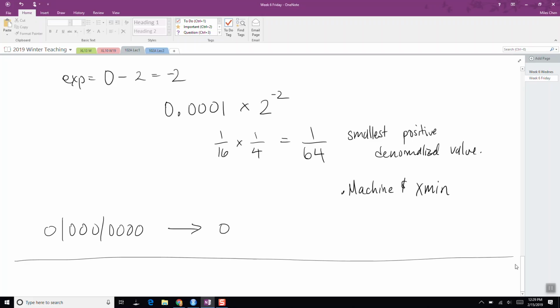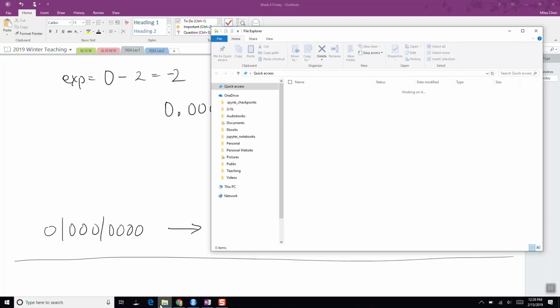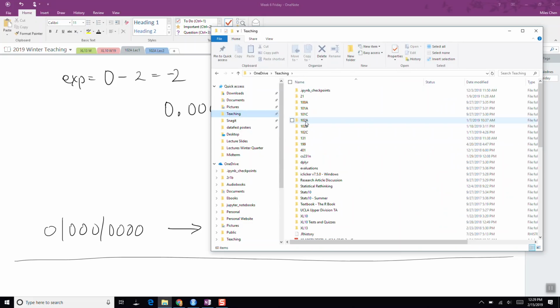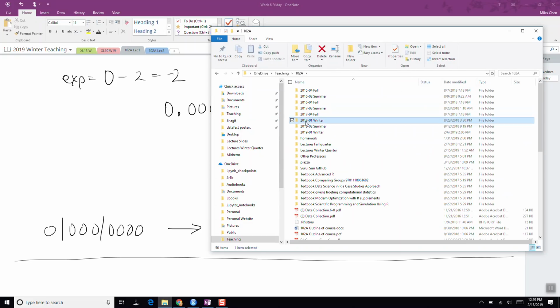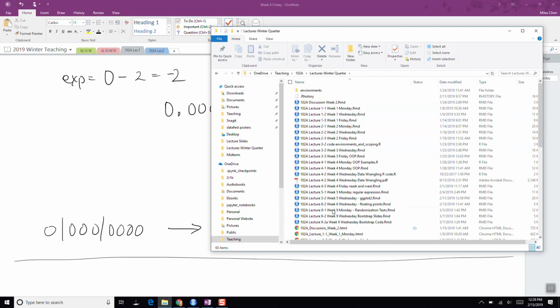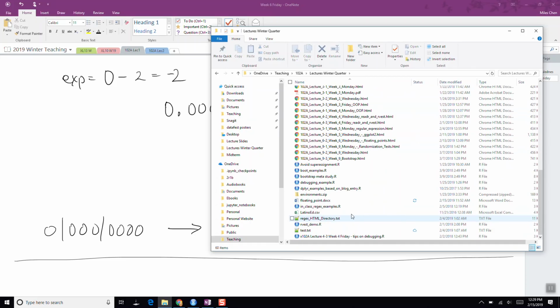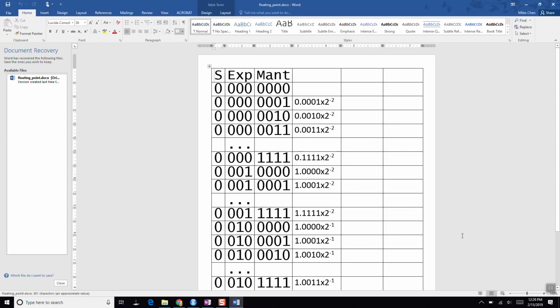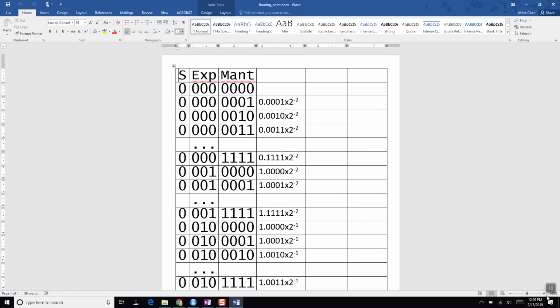Okay, let me pull up a little worksheet that I started making. And so I'm going to just talk as far as mini floats go. Let me blow this up here. How do I zoom in here?